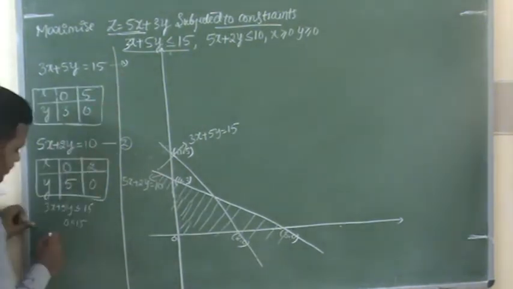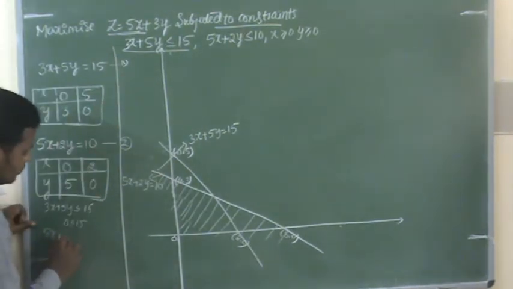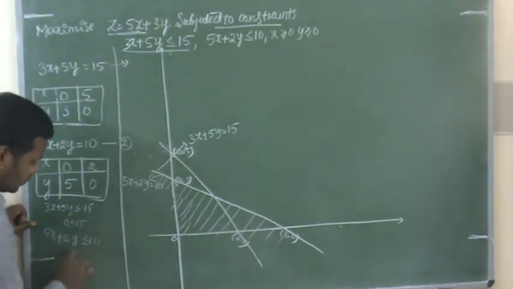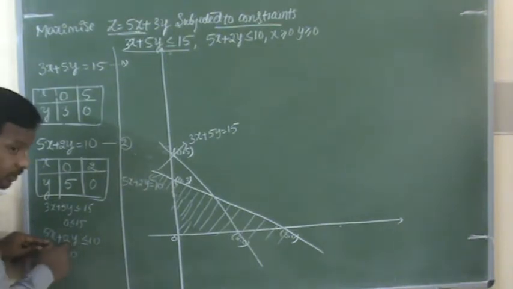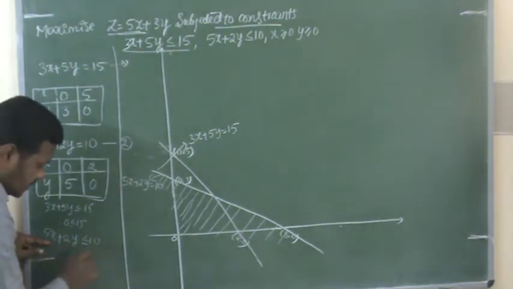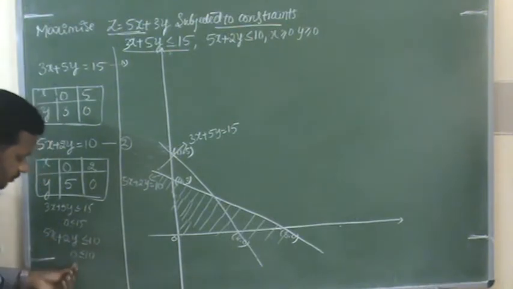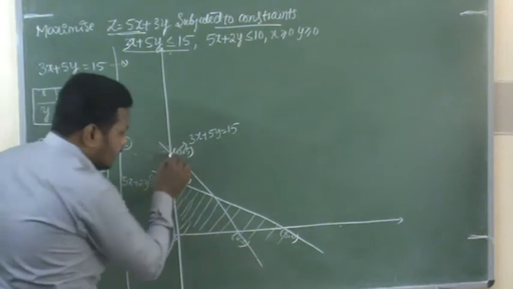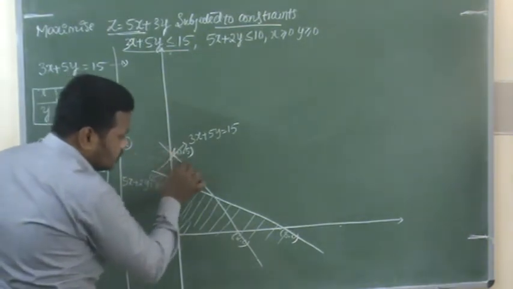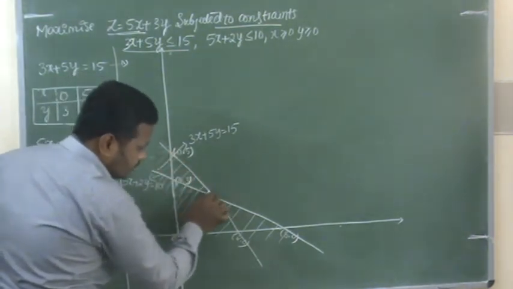And for the second equation, 5x plus 2y less than or equal to 10, put 0 for x and y. Therefore, 0 is less than or equal to 10, which is also true. The shaded part of the second equation is also the origin side.